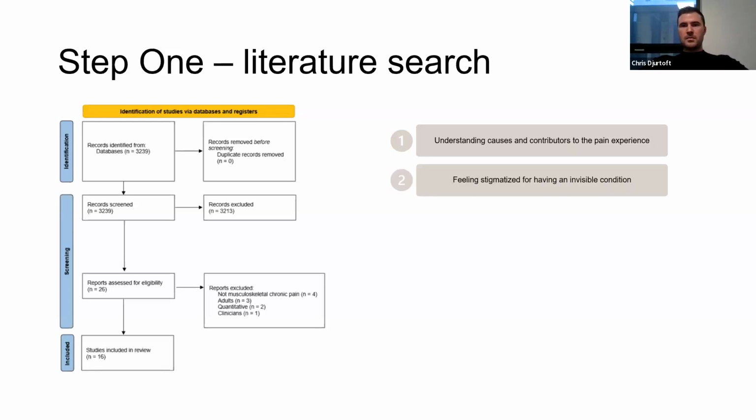It was also highlighted that children and adolescents feel a high level of stigmatization for these invisible conditions. It's difficult when they have pain that is not easy to explain to others. They do want to have a name for the pain.